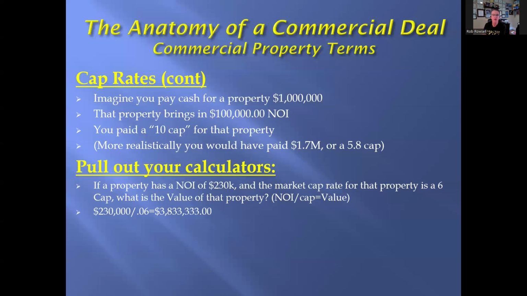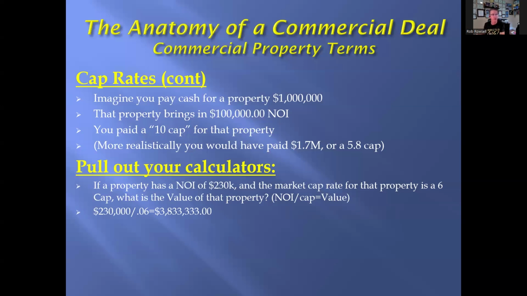That's how it works. So with a quick glance, if I know an area's cap rate, and I know the net operating income of the property, then I can quickly determine the value.